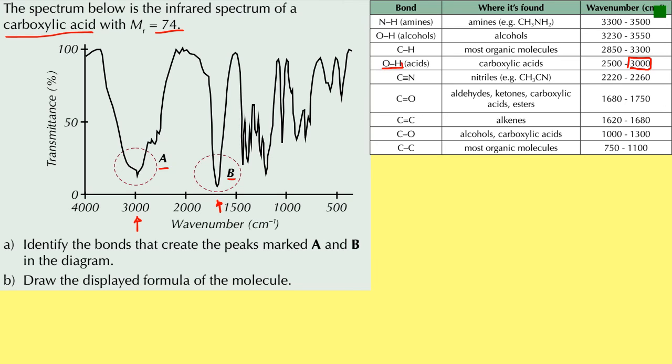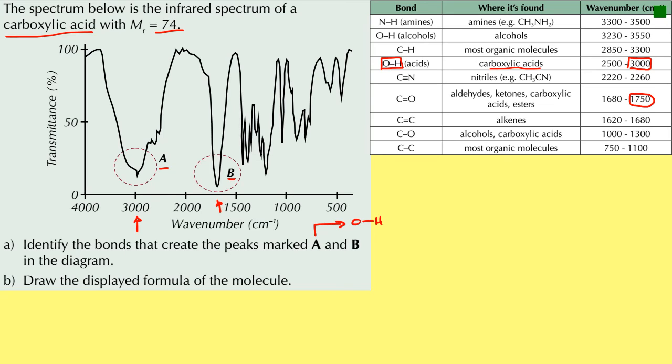So that is illustrating an O-H bond in a carboxylic acid. And we were told it was a carboxylic acid, so we're quite confident in saying that that is the O-H bond in the carboxylic acid. And let's have a look at B. B is about 1700, so 1700 is in this range here.